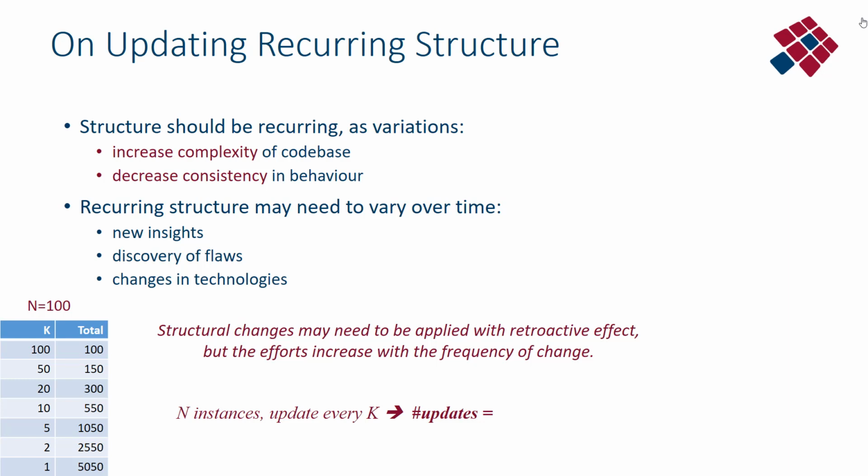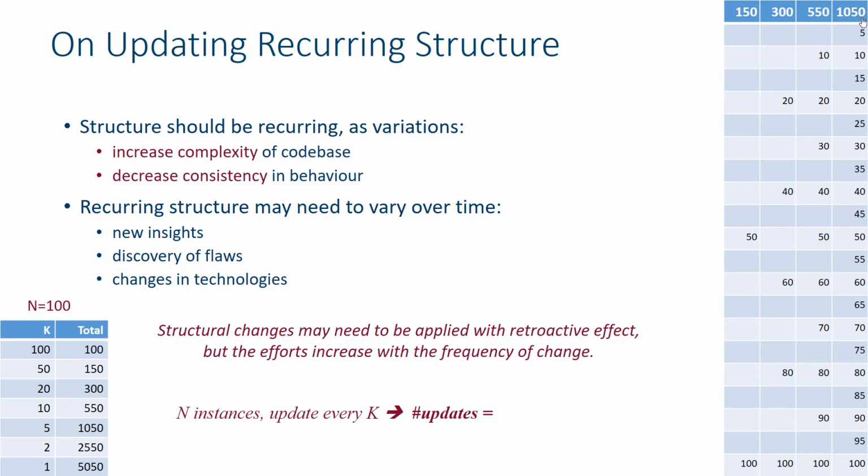it means. So if you had, for instance, 100 elements in your structure, and only after these 100 elements you decide to do a change in the recurring structure, that effort would be proportional to 100. But if you did that every 50 elements, you would do it after 50 elements, and then after 100, and that would mean 150.